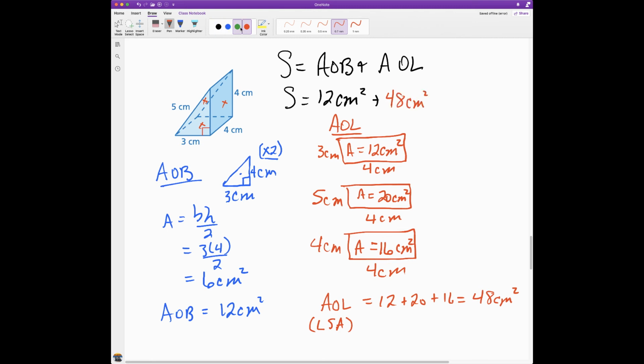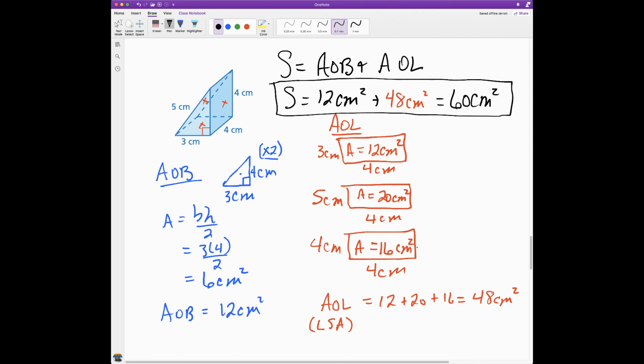And so you add these together, and your final answer is 60 square centimeters. So this is your surface area of this triangular prism.